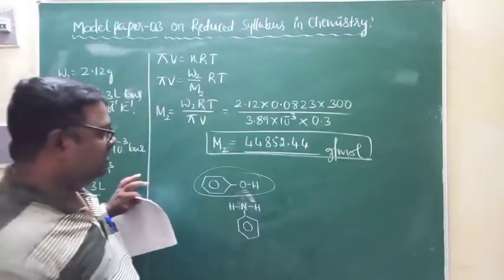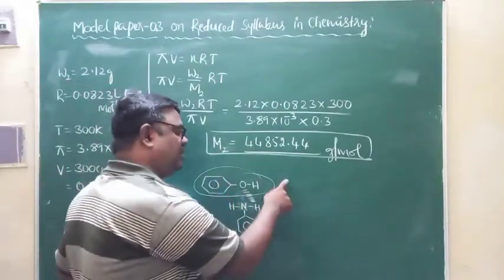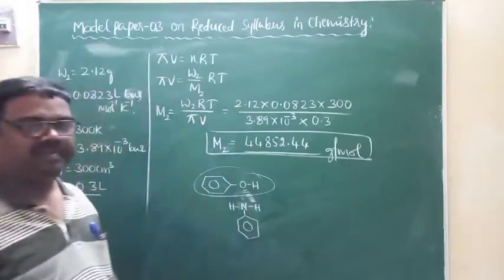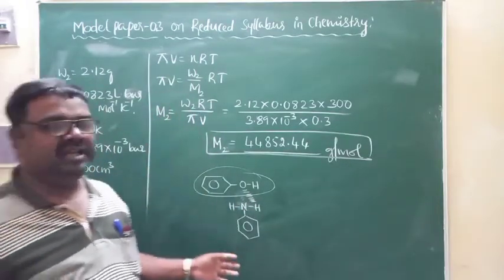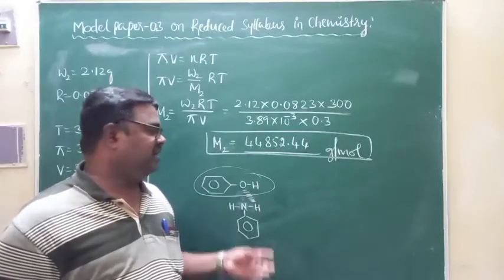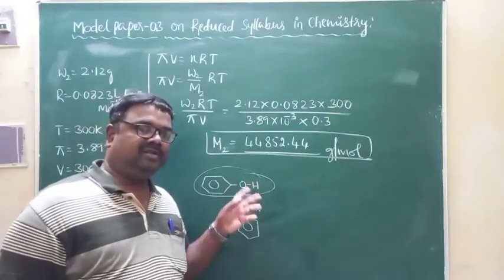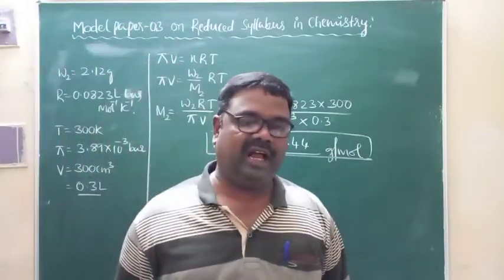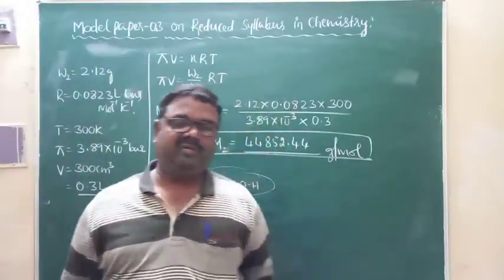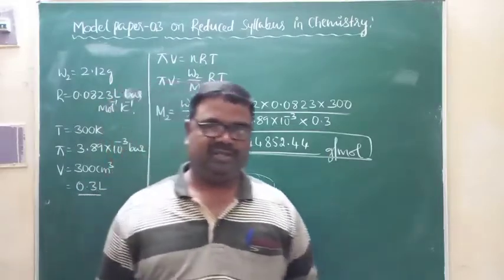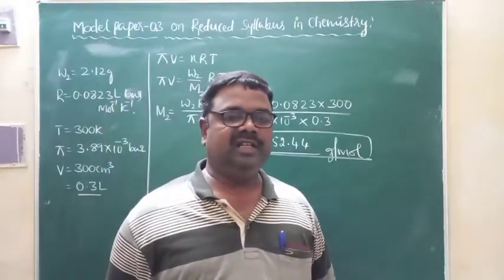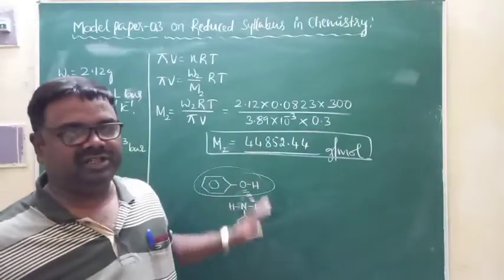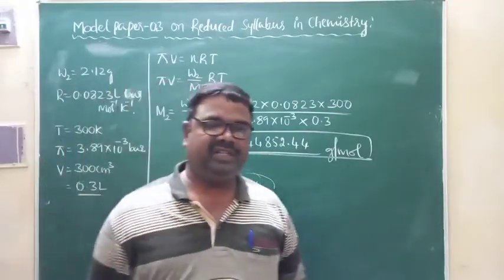Before mixing, there is intermolecular hydrogen bonding between phenol molecules, and between aniline molecules. But after mixing, intermolecular hydrogen bonding takes place between phenol and aniline, which is stronger than that among the pure molecules. So that is the reason why the mixture will show negative deviation from Raoult's law.